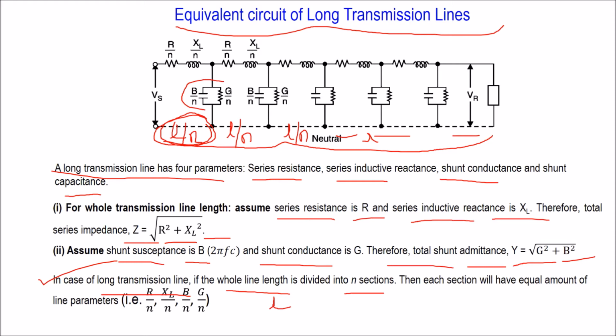Let's say if there are n sections, then for one section series resistance will be R by N. Similarly, for one section inductive reactance will be XL by N. For susceptance we will get B by N for one section, and for conductance we will get G divided by N, right? So by this way all four parameters are distributed in the long transmission line.